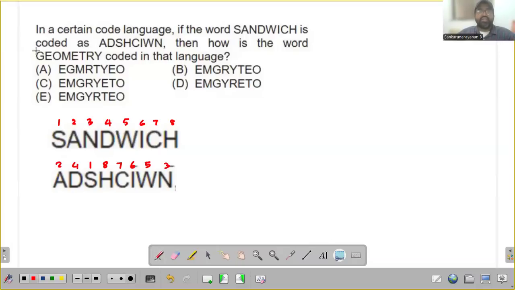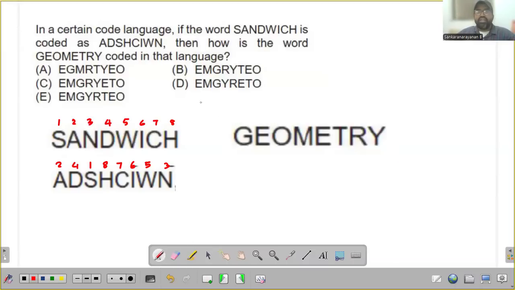Now, in the same way, geometry, when you are considering, you locate the position of these letters. Okay, you can say G, E, O. 1, 2, 3, 4, 5, 6, 7, 8. So first you have to consider the letter E. Okay. And then you have to go for the letter M, the fourth position.